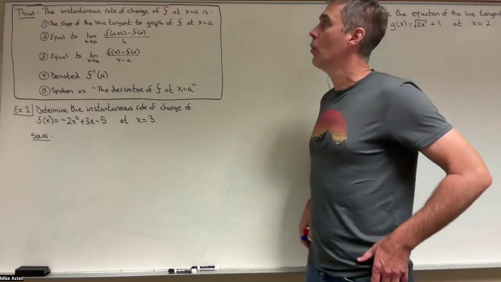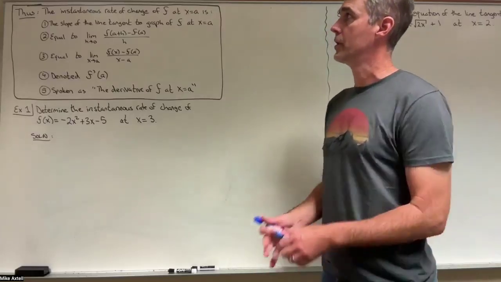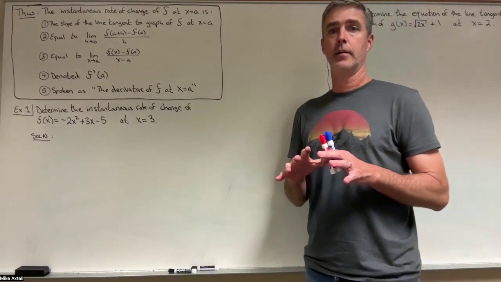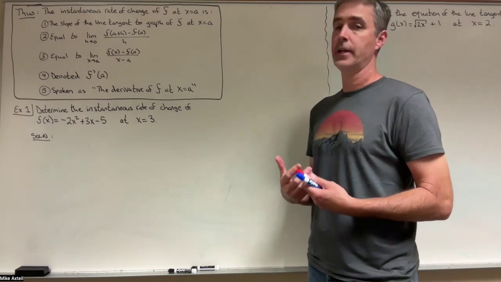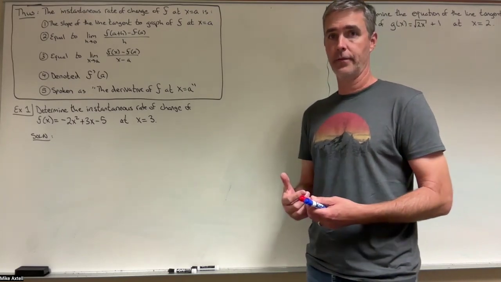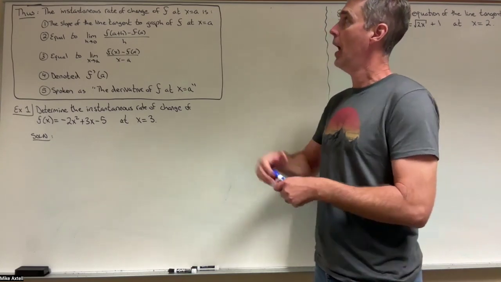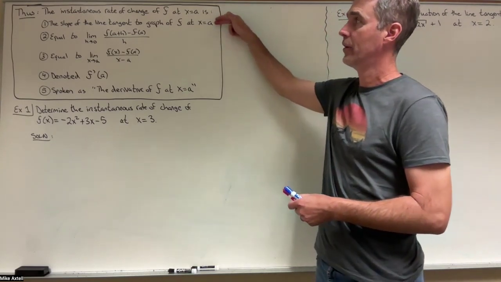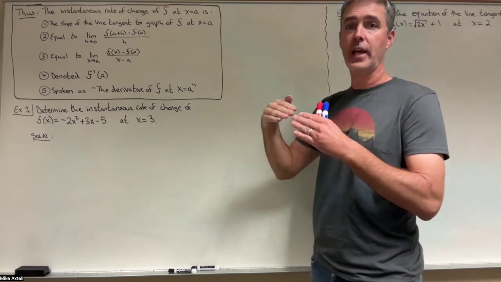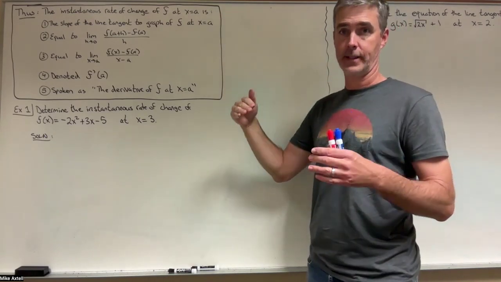All right, so what we are trying to do in those last 2 panels is figure out a way of calculating the instantaneous rate of change of f at a given x value, x equals a. This is equivalent to calculating the slope of the line that's tangent to the graph of f at x equals a.